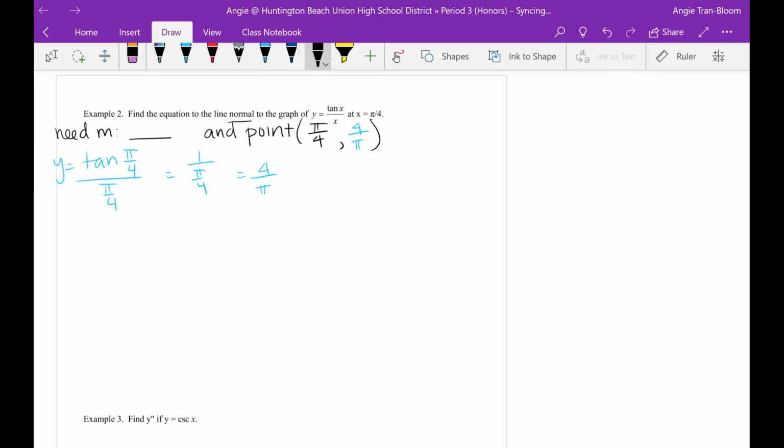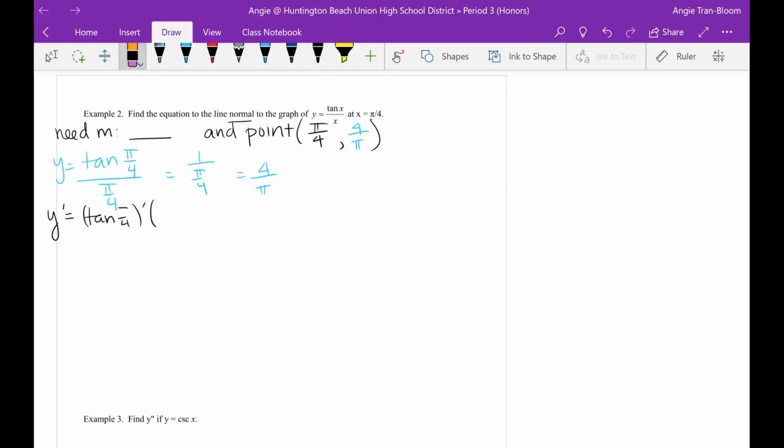Now let's do the derivative to get my slope. So this is going to be y prime equals, I will now use the quotient rule. Do you remember the formula? U prime, right? So I'm going to write everything out first.